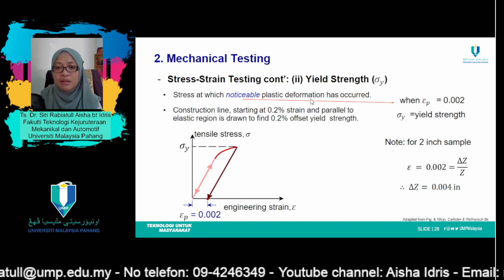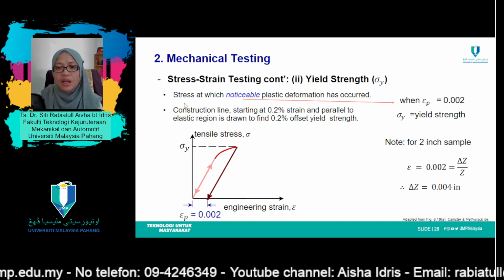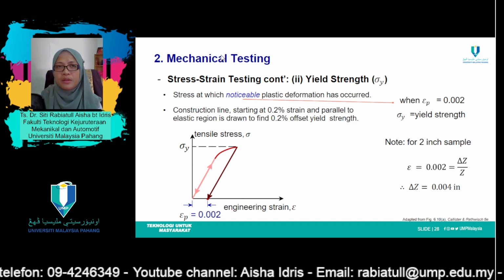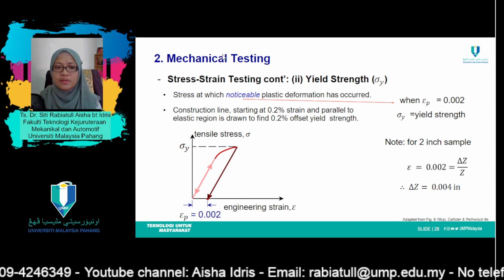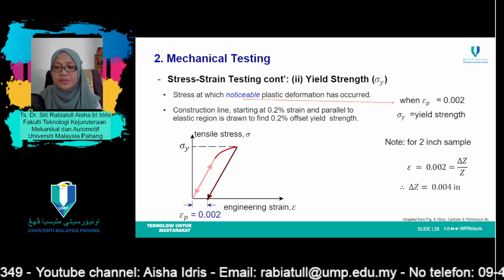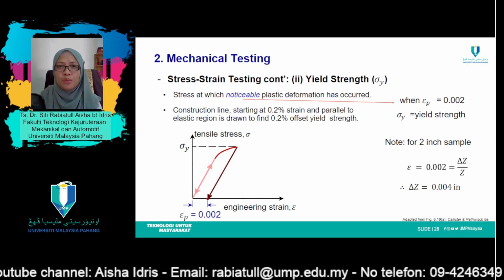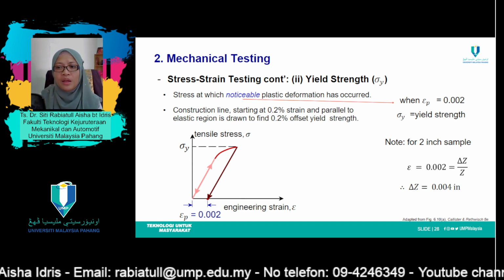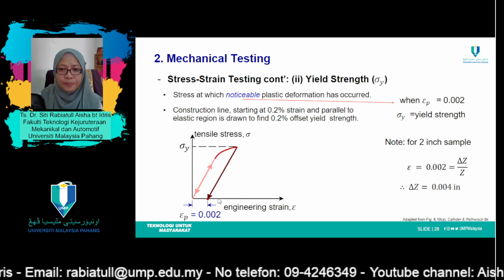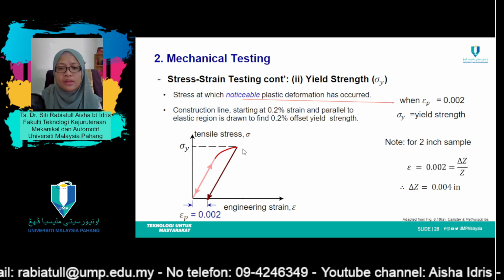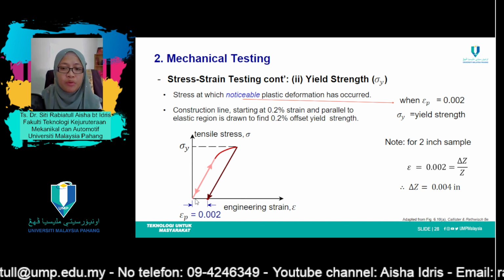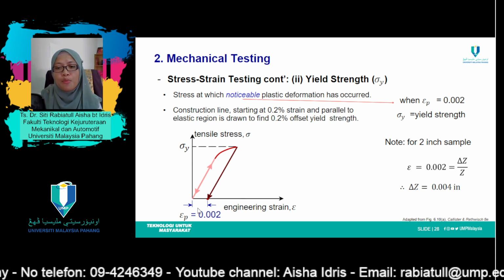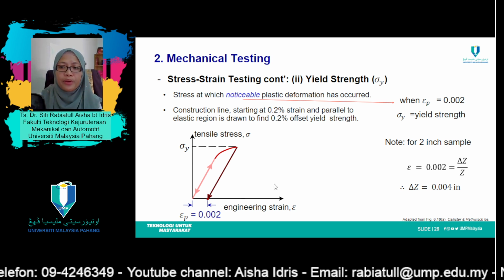Number two is yield strength. Yield strength is the point it reaches before it turns into the plastic region, or in other words, it refers to the last point of the elastic region. And as mentioned just now, once it goes back to the original form, there is still a little deformation with an offset of 0.2%.